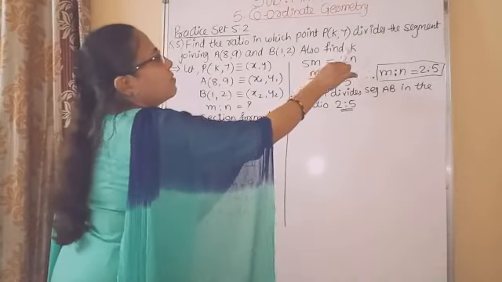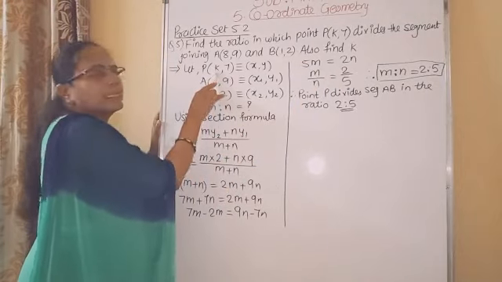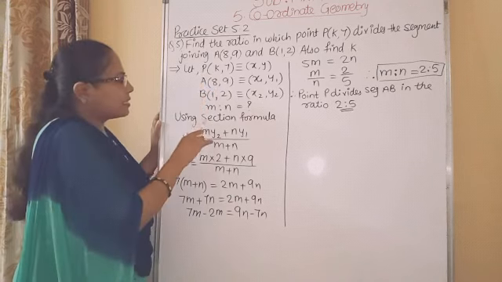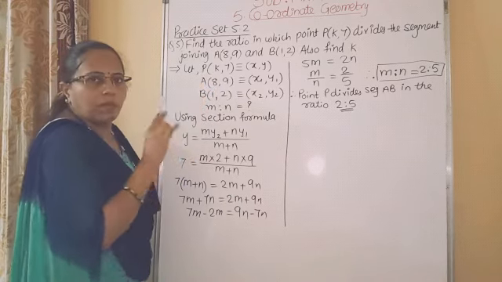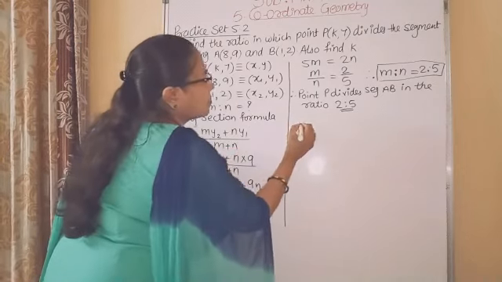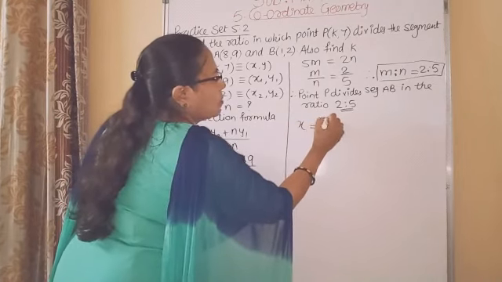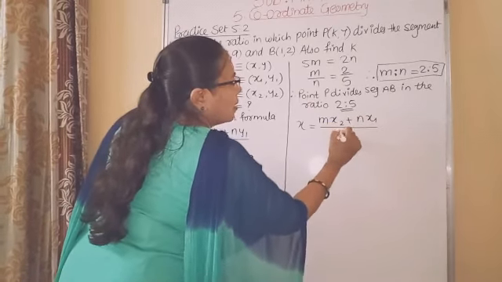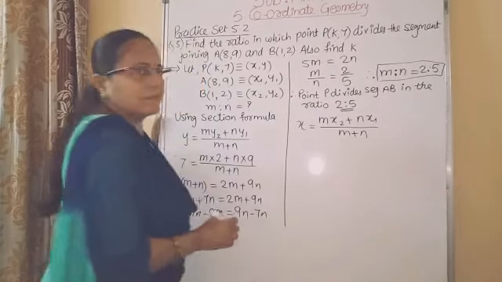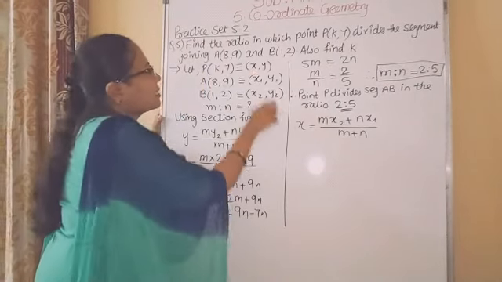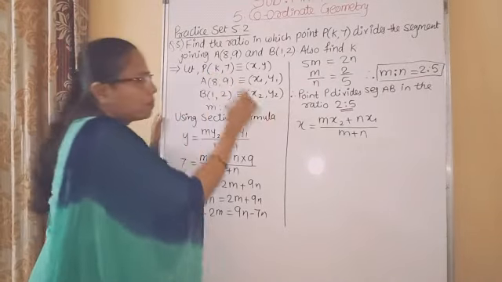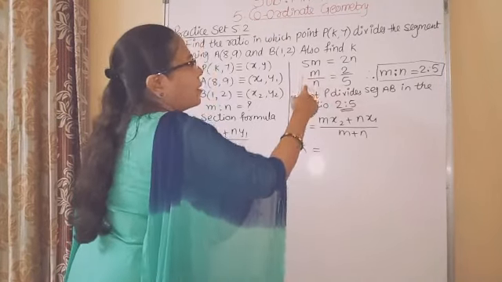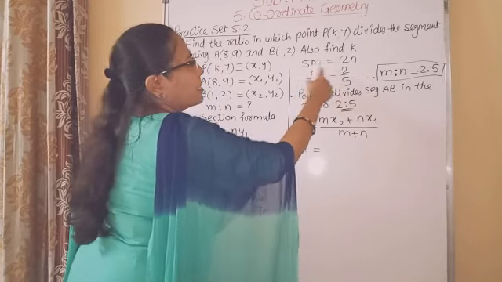Now we have to find the value of k. k is the x coordinate of point P. Now using the section formula, we will use the formula for the x coordinate. x is equal to (m x2 plus n x1) upon (m plus n). Followed? Now x is equal to k. The m upon n ratio is 2 upon 5, so m is equal to 2.